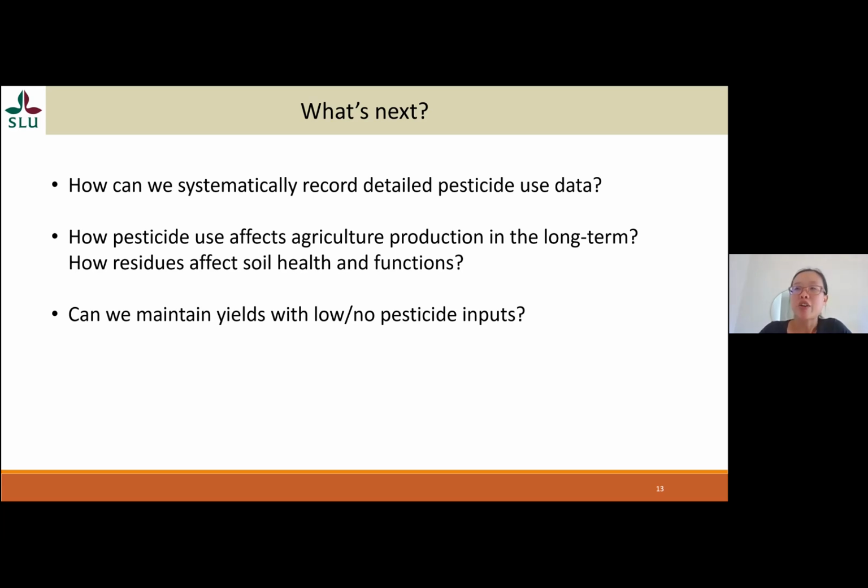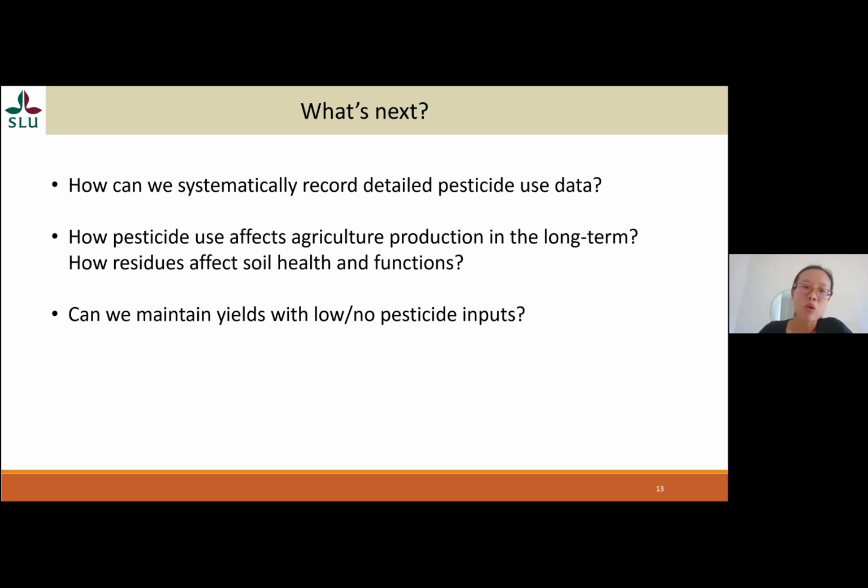Currently FAO only provides country-specific data of aggregated functional classes. So it would be interesting to set up a homogenized and systematic way to have pesticide use data records.